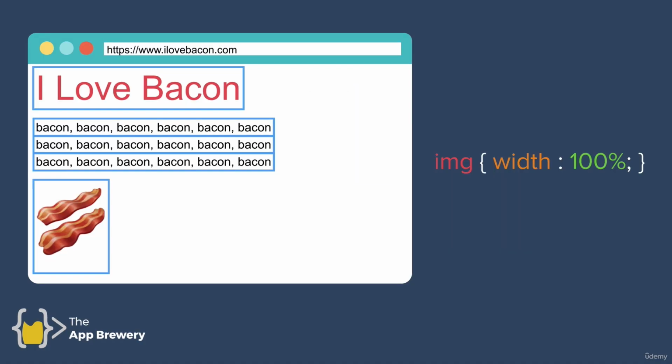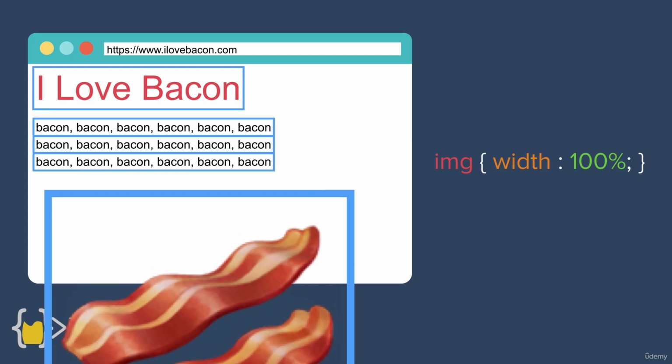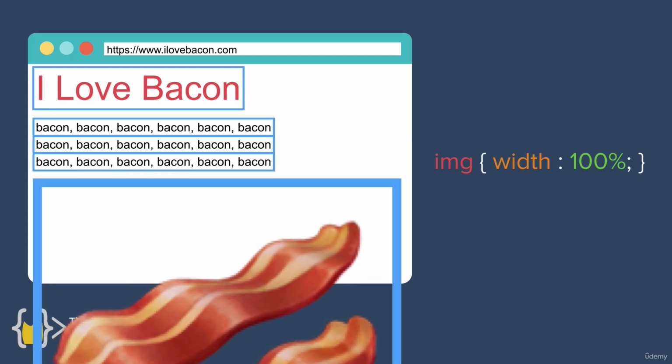So, for example, if we specified a CSS rule that targeted all the images on this I Love Bacon website to say that it should have a width of 100%, all that's going to do is change the width of that box to 100%, and in the process scales up our image so that it expands to fill the entire width of our screen.